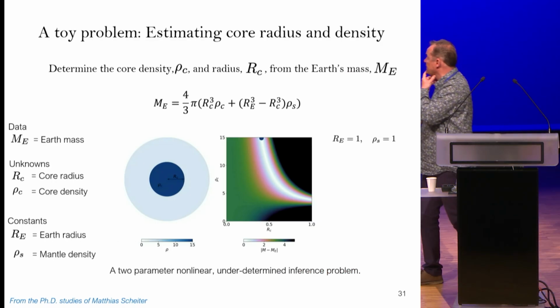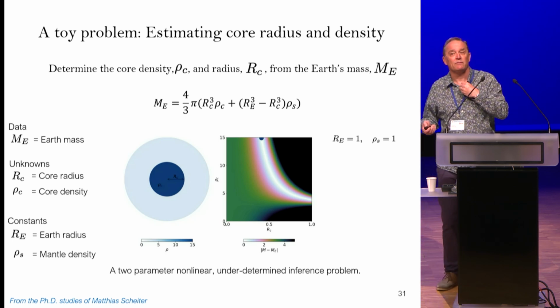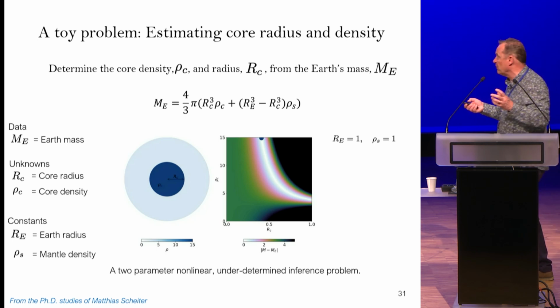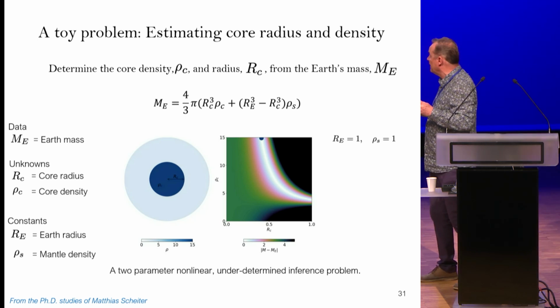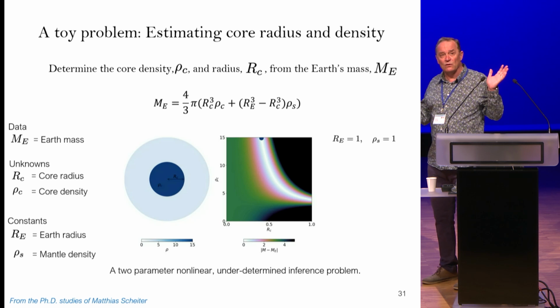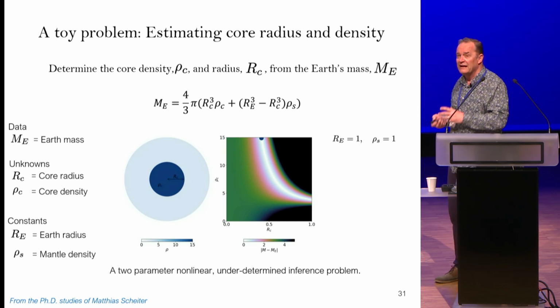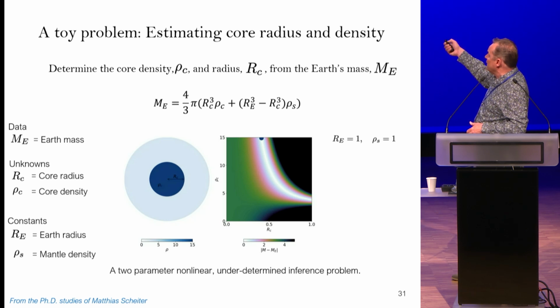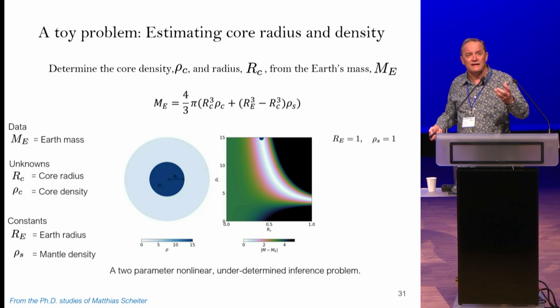Here's a little test problem that Matthias, he's probably in the audience somewhere, will recognize as part of his PhD, a simple little toy problem to illustrate what I'm talking about. We have a sphere, let's call it the Earth. We have an inner sphere, let's call it the core. Given the mass of the Earth, or the mass of the sphere, the question is, what's the radius and the density of the inner core?